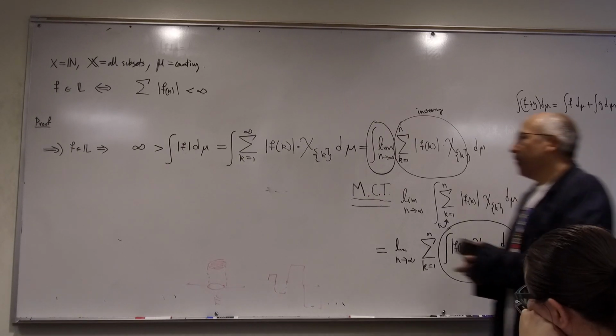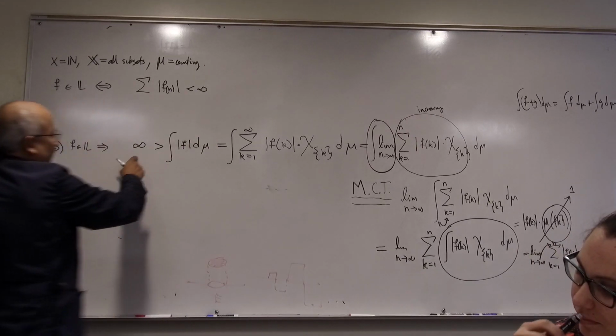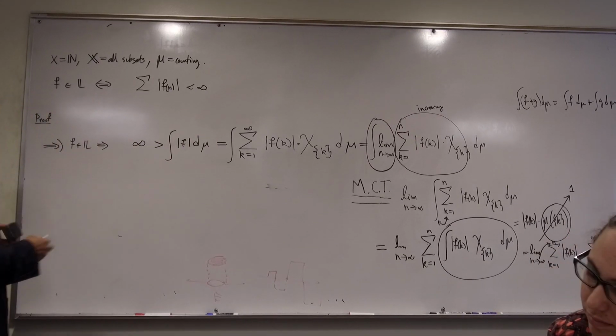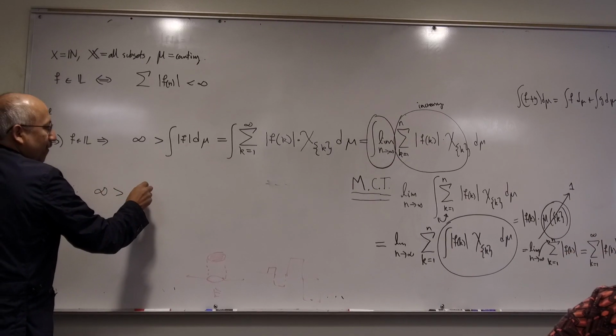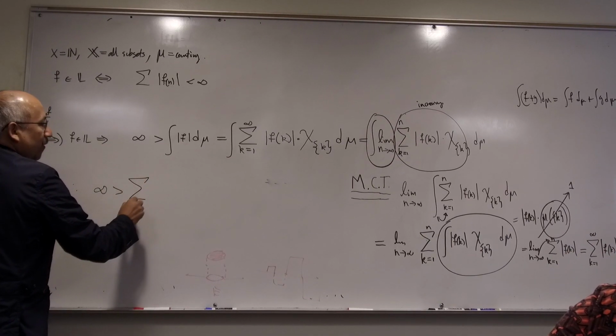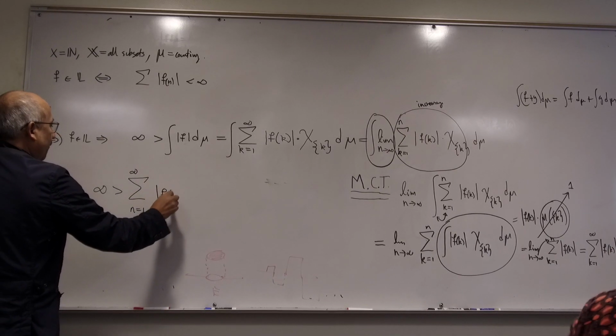So therefore, that is less than infinity, right? Conclusion: infinity is greater than the sum from n equals 1 up to infinity of f of n.